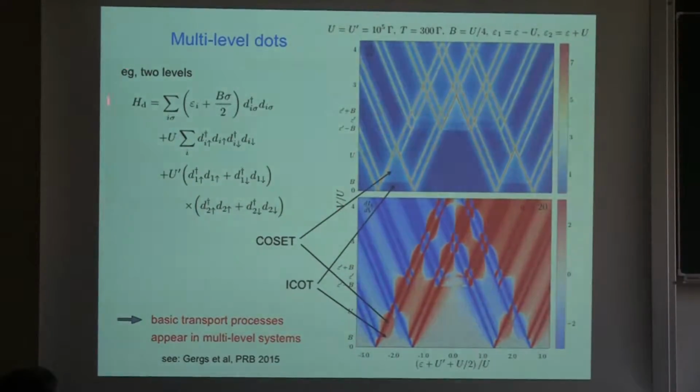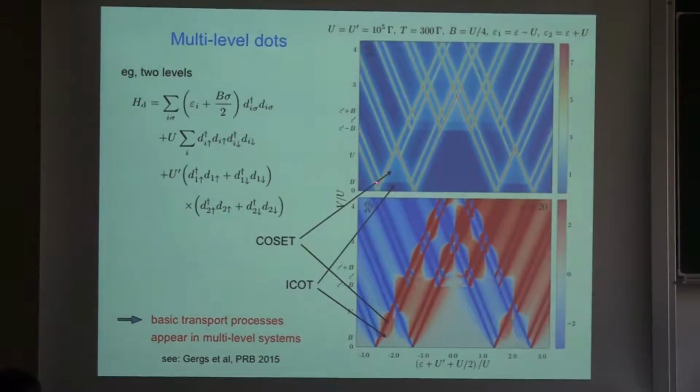For example, here an Anderson dot with 2 levels, where you also have an interaction between electrons on the different levels. And what you see here from that plot is that all these basic transport processes I just described to you, you can also see here at various points in this kind of bigger stability diagram.